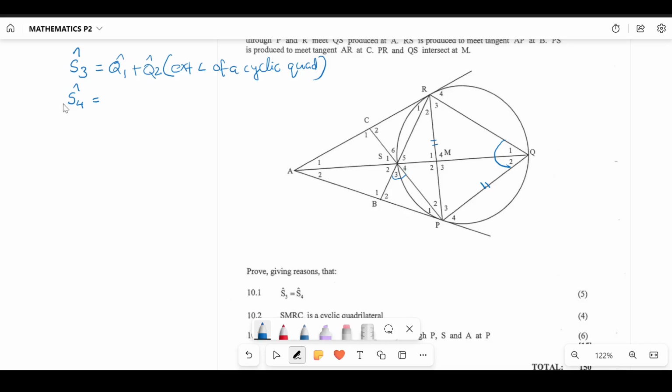Now check whether S4 is also equal to Q1 plus Q2. Is S4 equal to this one? We don't know. We have no idea about that one. So find another angle equal to S4. S4 is equal to R3, because they are angles in the same segment, PQ. PQ subtends S4 and also R3.